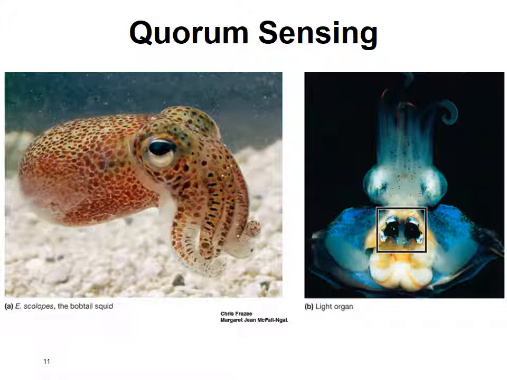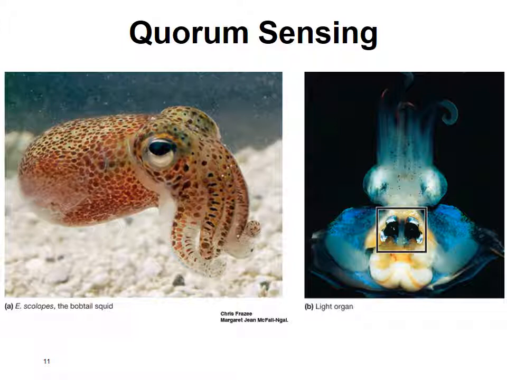Here we have photos of the bobtail squid. This is a warm water squid that remains buried in sand during the day and feeds at night. When it's feeding, it uses its light organ, which you can see boxed here on the right, and it's located on its ventral surface. It uses this light organ to provide camouflage by projecting light downward.